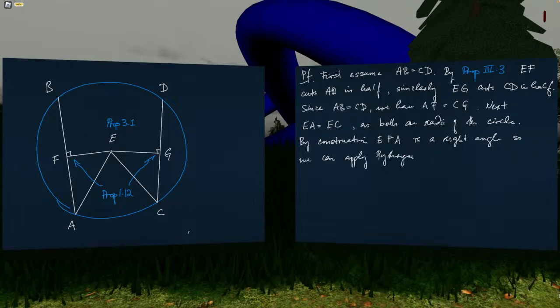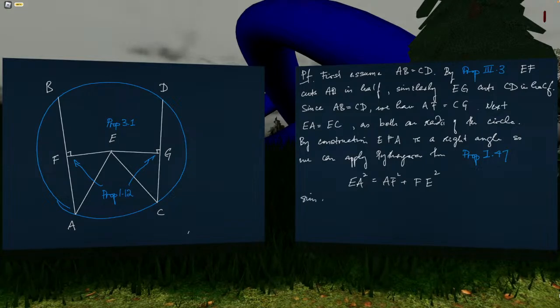Which is proposition 1.47. And to give us EA squared is equal to AF squared plus FE squared. Okay, let's just check. EA is indeed the line opposite the right angle, so that's the hypotenuse, so that's good.